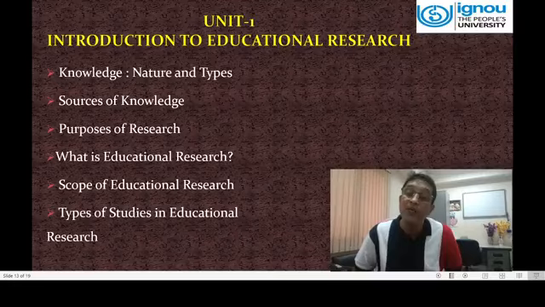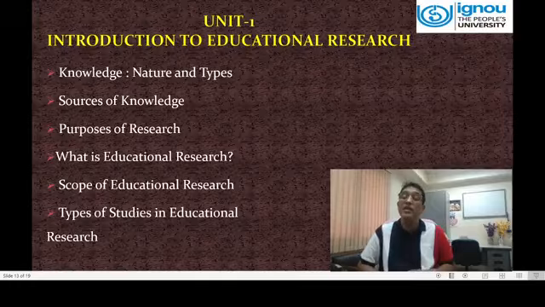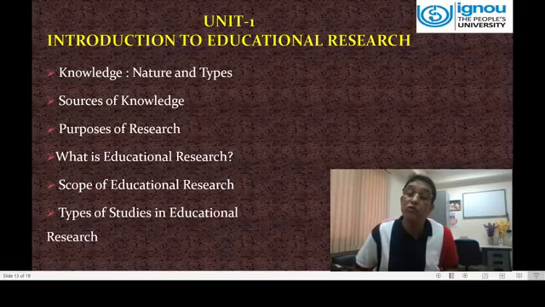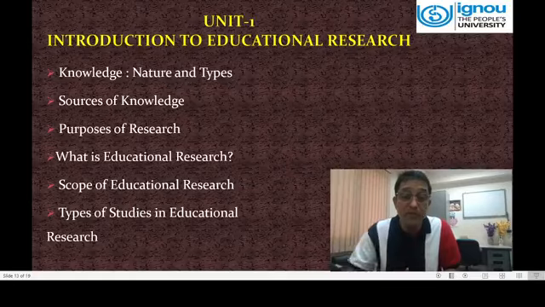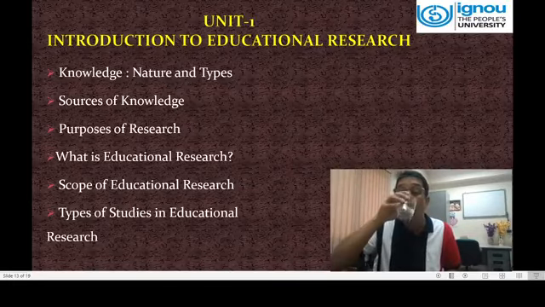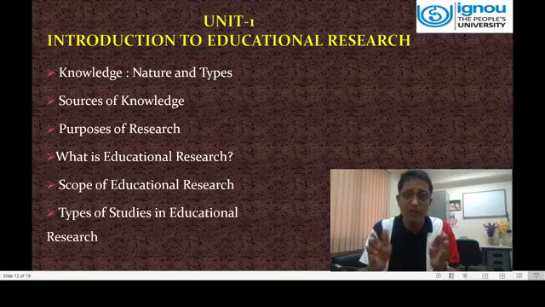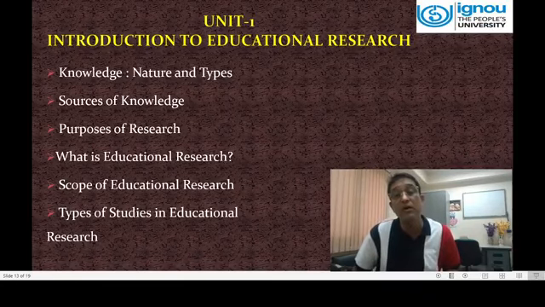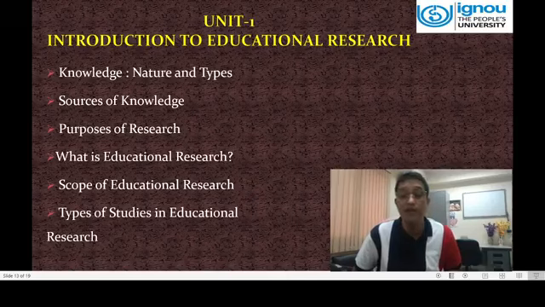And historical study and philosophical study, which I have already discussed, also come under qualitative study. So friends, under the types of studies in educational research, there are two types: one is the positivist paradigm, and the other is the non-positivist or humanistic paradigm.